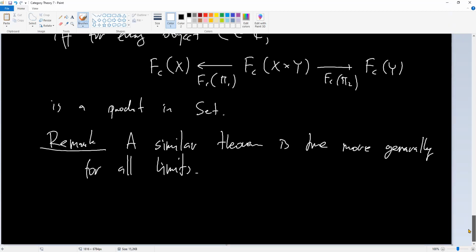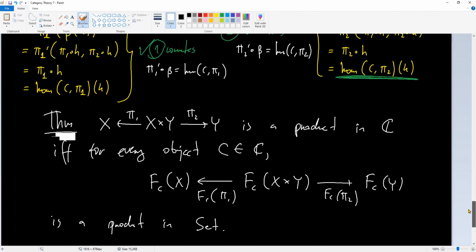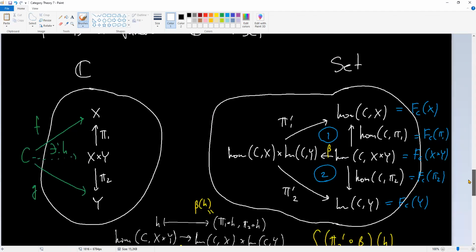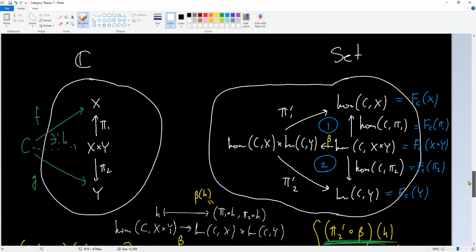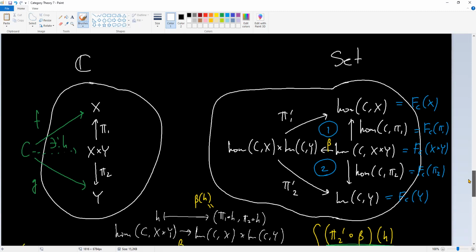Okay, great. Now we abandon generalized elements for a bit, and we do something different that comes out from what we did here. This idea of transporting from one category to another, which we now see is quite useful, can work between any two categories. On the right-hand side, we don't need to have the category of sets.